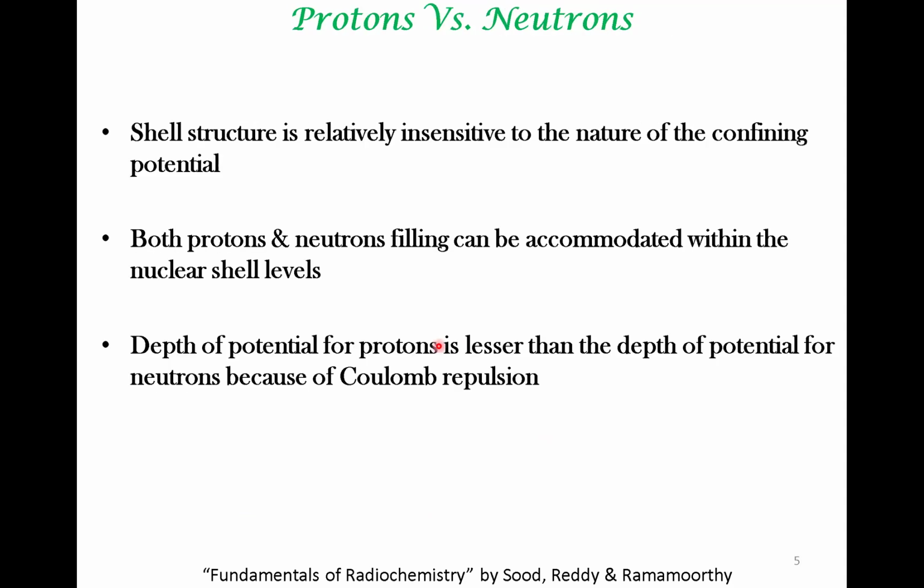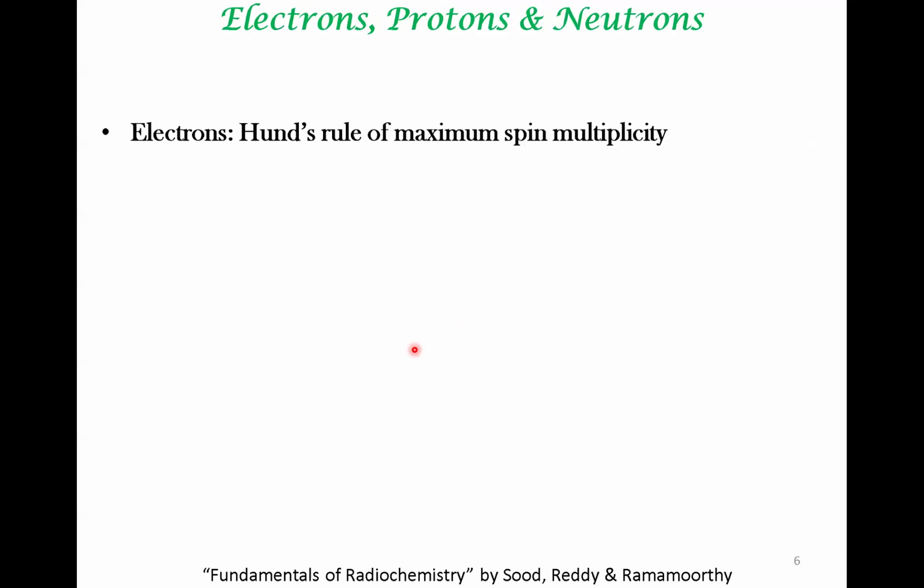These are similarities between filling up protons and neutrons. There is some dissimilarity in the absolute value of energy levels for protons and neutrons because of the importance of Coulomb interactions for protons. Let's also contrast and try to see similarities between electrons, protons, and neutrons.